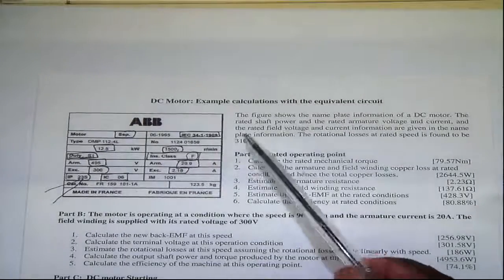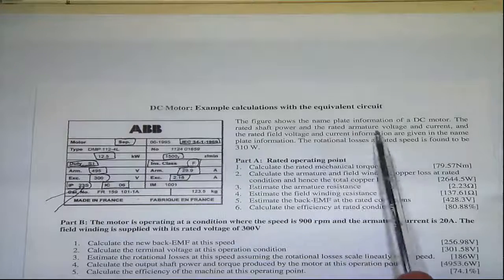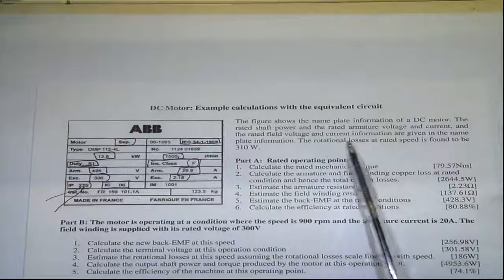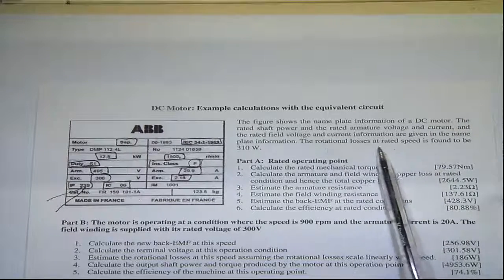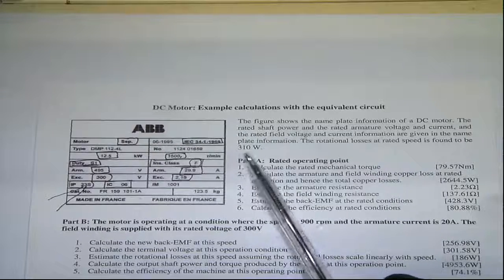This is the nameplate of the DC motor. The rated shaft power, the rated armature voltage and current, and the rated field voltage and current information are given. The rotational losses at rated speed is found to be 310 watt.